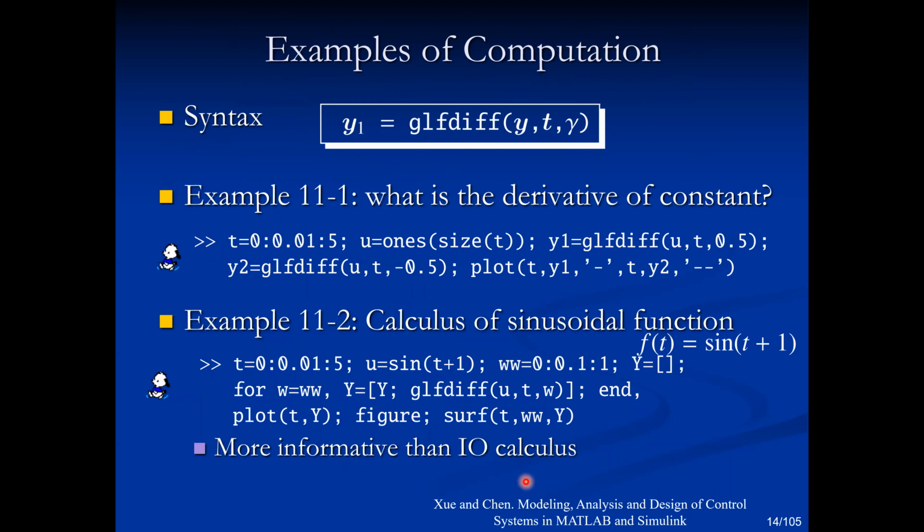Now there are some examples you can try, but in the interest of time, IO means integer order characters. You'll see this is for sine t plus 1, so maybe we'll take a look at this one.